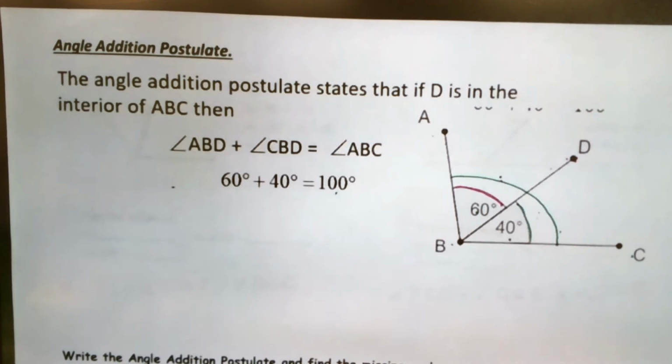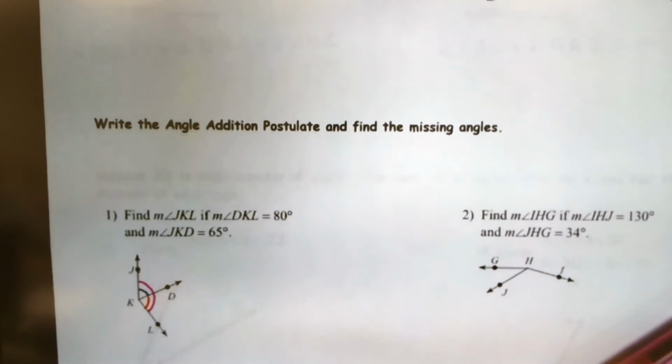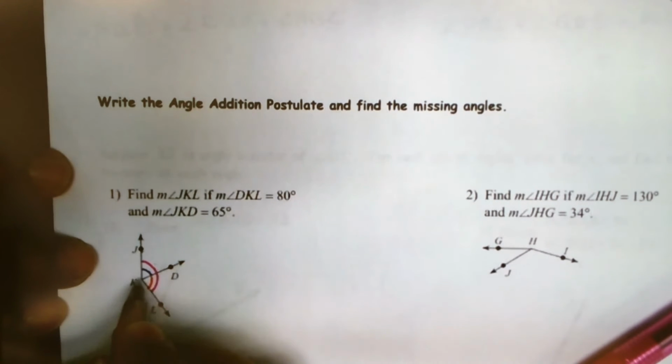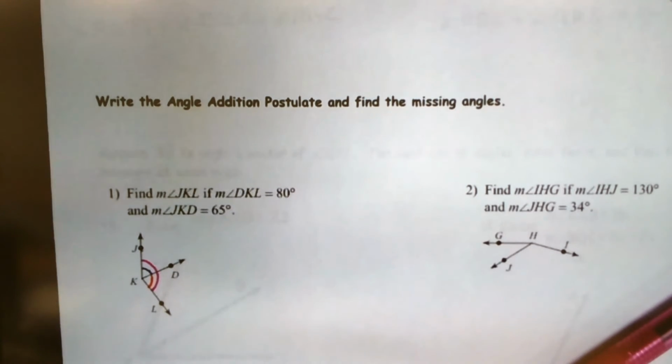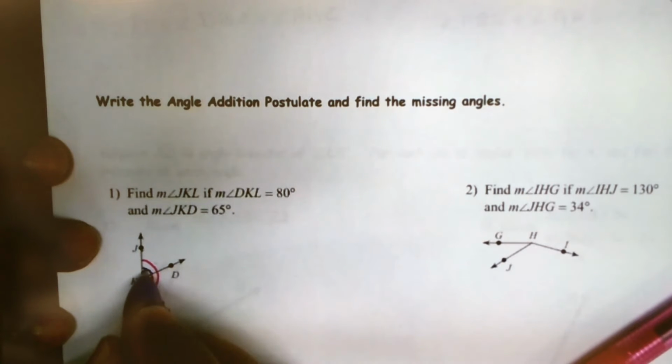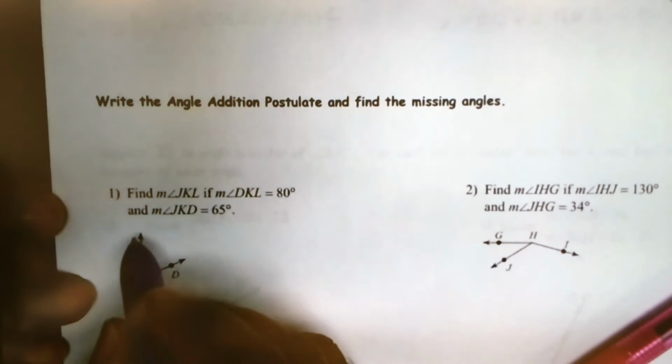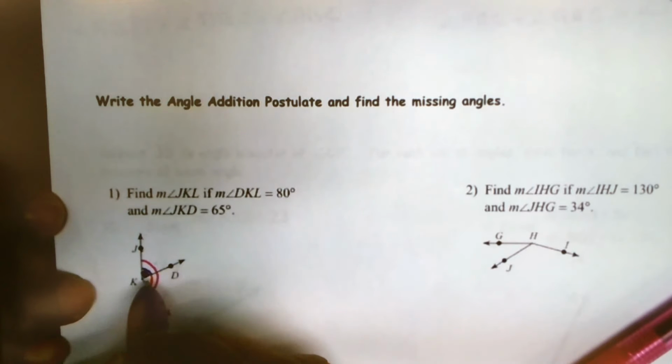Here I have a question. Find the measure of JKL. Where is the angle JKL? I need to figure out the angle JKL. Those two are the adjacent angles, so I need to write the angle addition postulate. There are two small angles. The first small angle is JKD, and I need to find out how much is JKL.